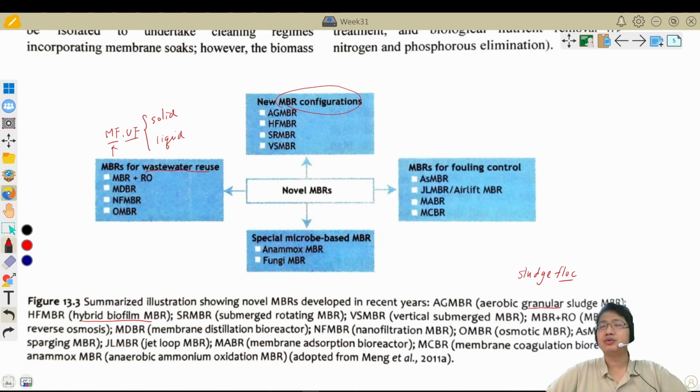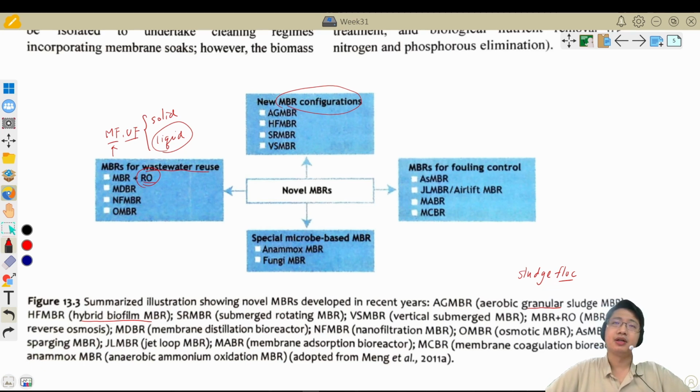But if you are going to reuse that liquid, there are some ions or even smaller, high molecular weight chemicals you would like to remove, so you can combine with RO systems to remove ions and also some high molecular chemicals. So MBR plus RO is used for wastewater reuse.